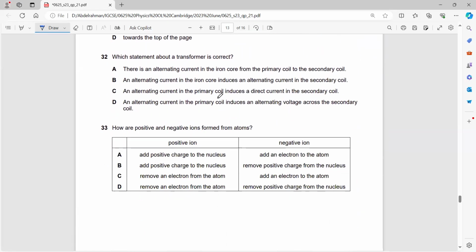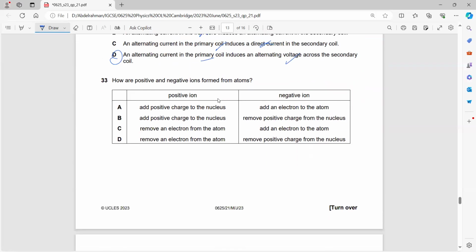Which statement about a transformer is correct? There's an alternating current in the iron core? No, not in the iron core. There's an alternating current in the primary coil, inducing an alternating voltage in the secondary coil.